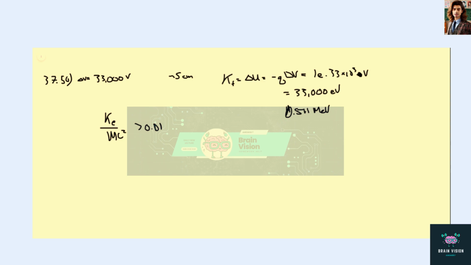So this means if the kinetic energy is greater than roughly 1% of the rest energy, then we say it's relativistic. And it is. We have 33,000 electron volts over 511,000 electron volts. So 33 over 500, about 3 over 50, about 6%. Cool.